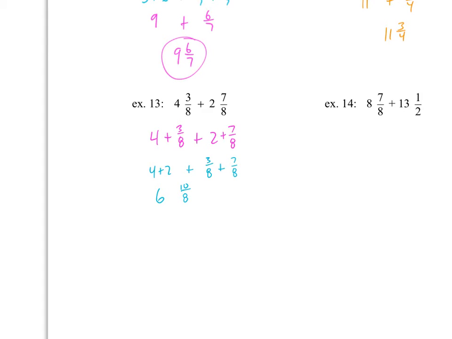So this is like 6 plus 10/8. And 10/8 is the same as 8/8 and 2/8. So 8/8 is the same as the number 1. We don't have to write that.